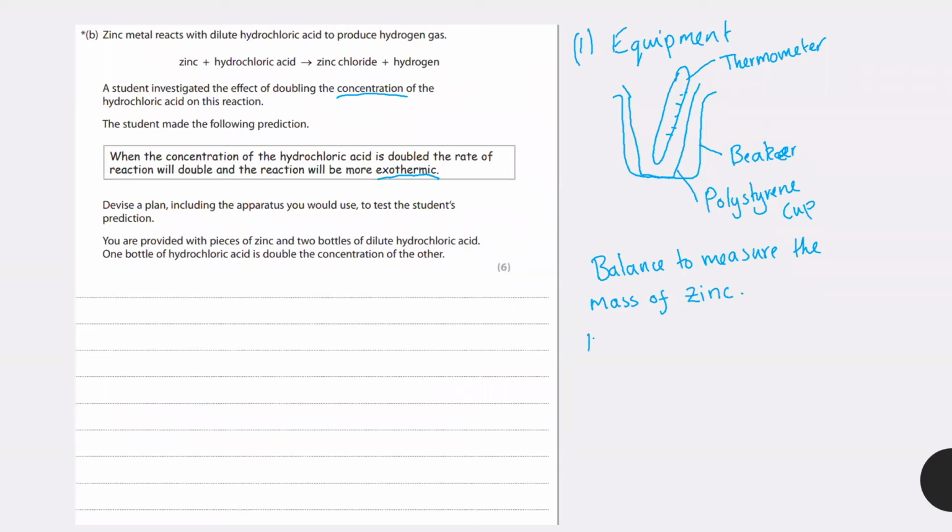We need a measuring cylinder to measure the volume of hydrochloric acid.